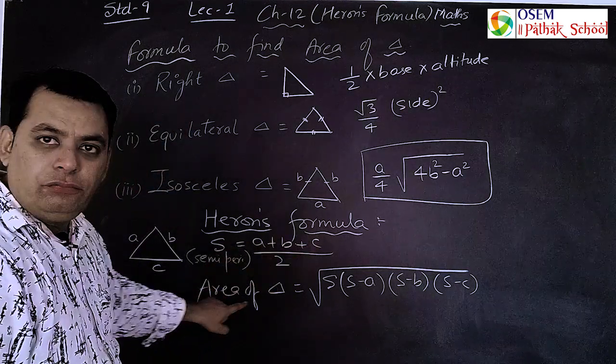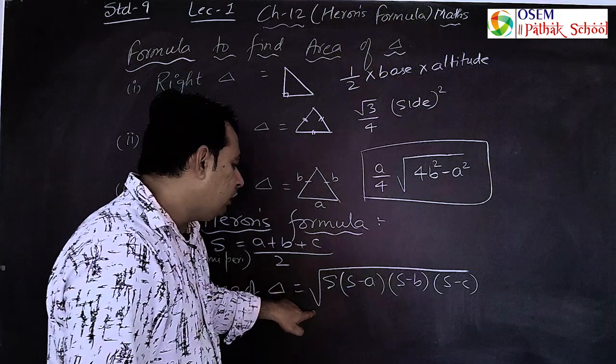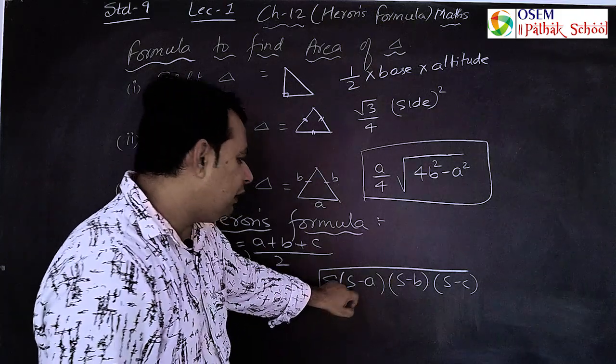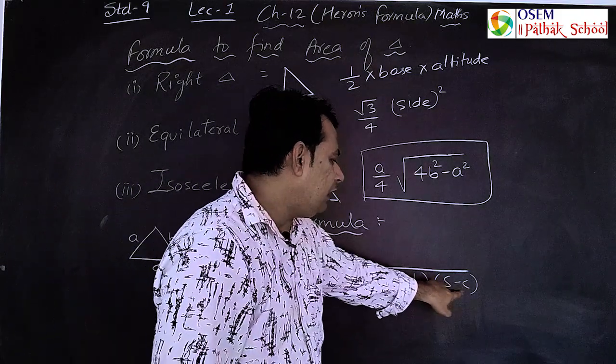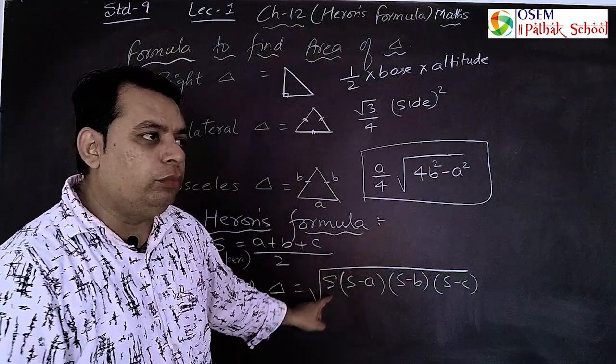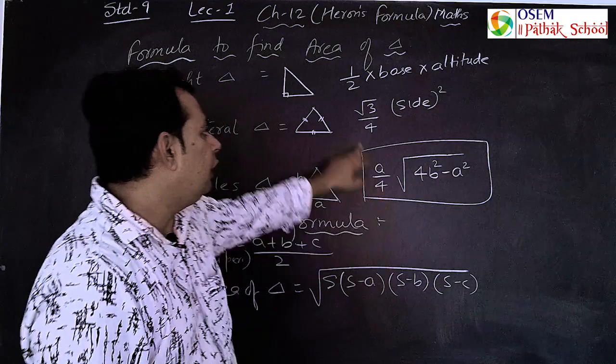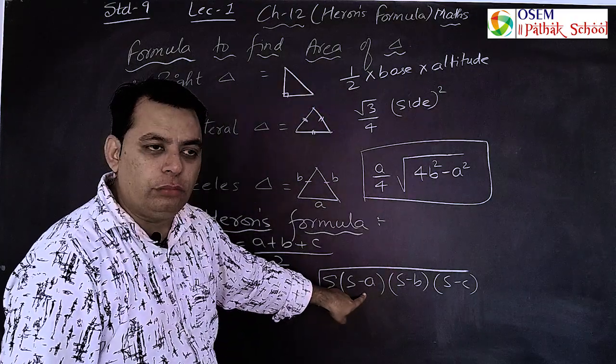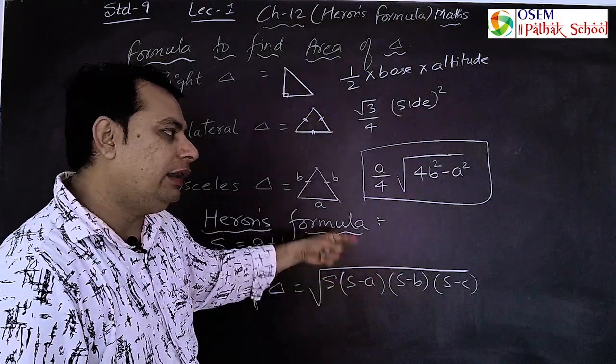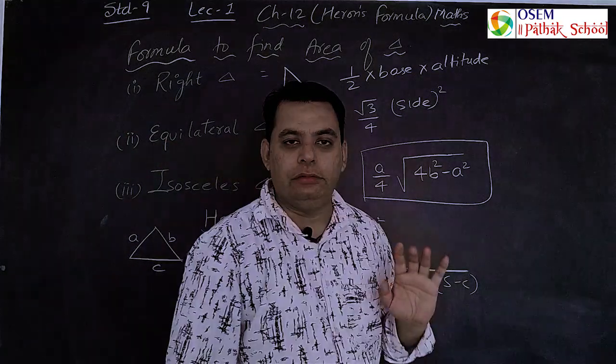Now area of triangle is root over S, S minus A, S minus B and S minus C. This is the formula by which we can take out the area of any triangle. If we apply this formula, we can get the answer for any triangle.